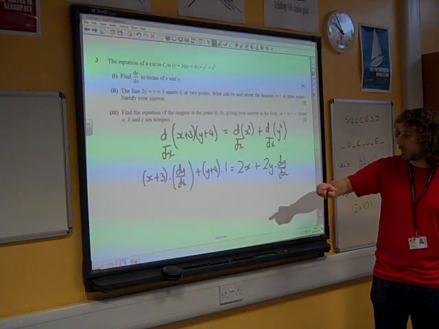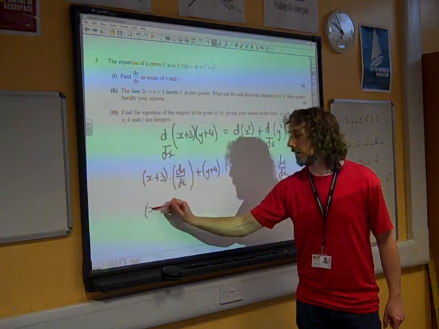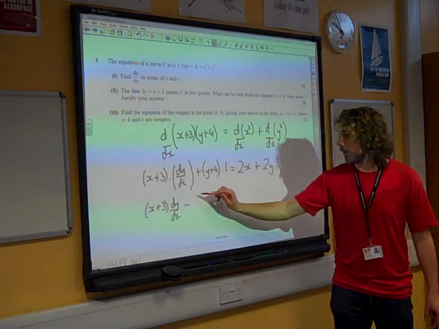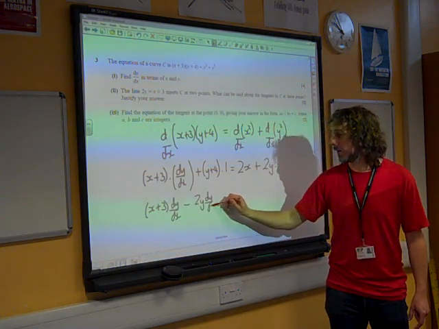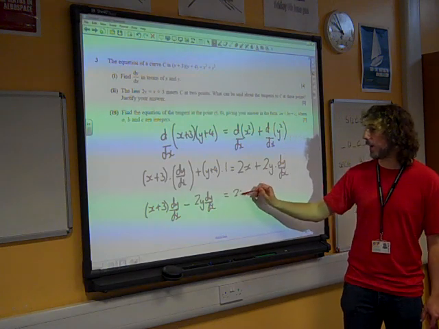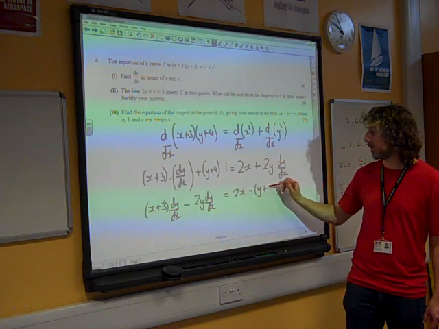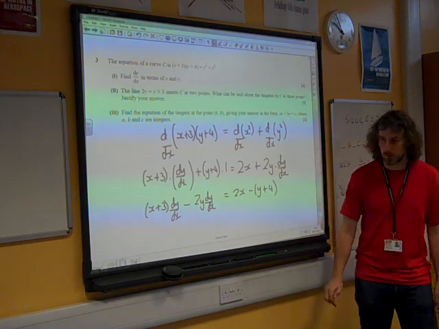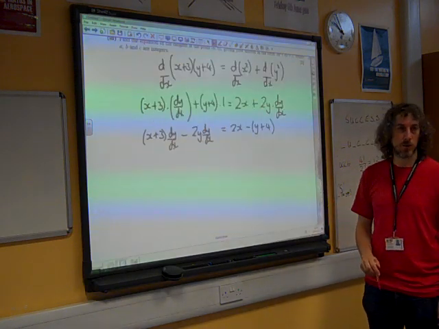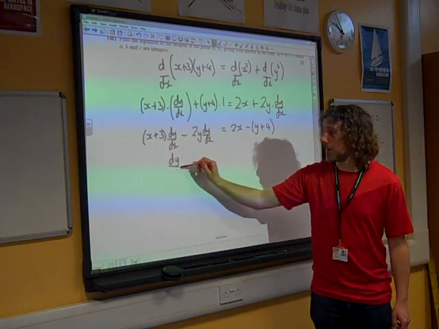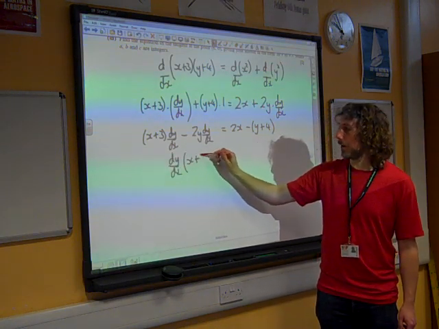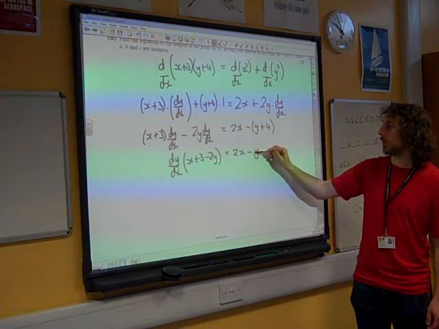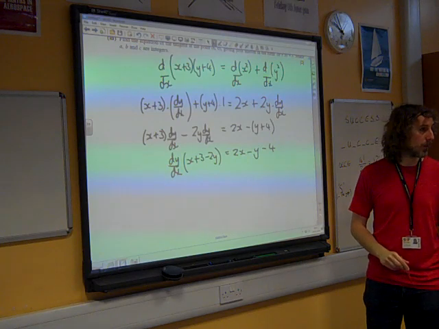Let's bring all the dy/dx terms over to this side. We've got (x + 3) dy/dx, take away 2y dy/dx. And here we've got 2x, take away (y + 4). Which gives me dy/dx times (x + 3 − 2y) is 2x − y − 4.